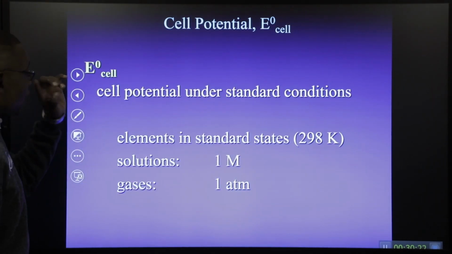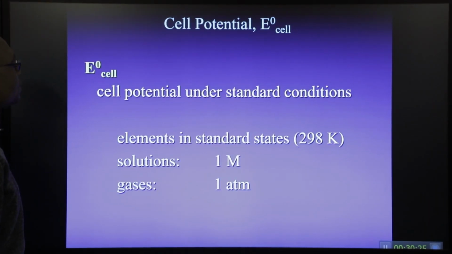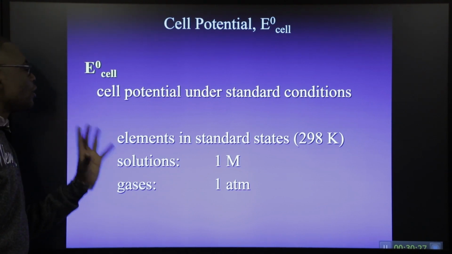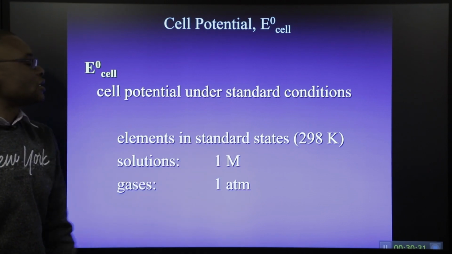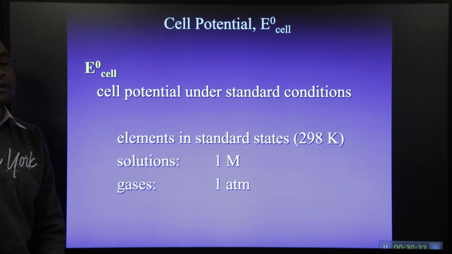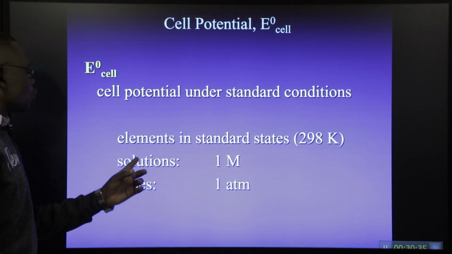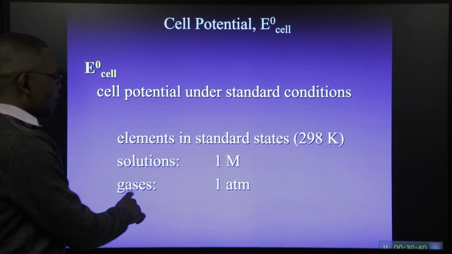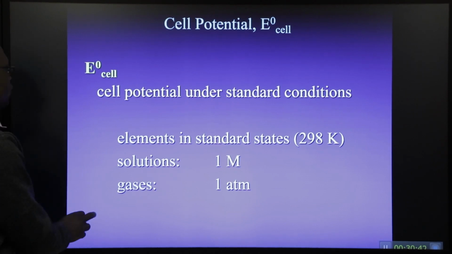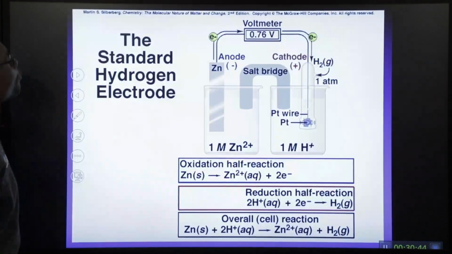We are saying we can determine the E cell by simply measuring the cell potential under standard conditions. So elements in the standard states, that's 298 kelvins at 1 atmosphere, with all solutions at 1 molar and all the gases at 1 atmosphere. So what happens then?